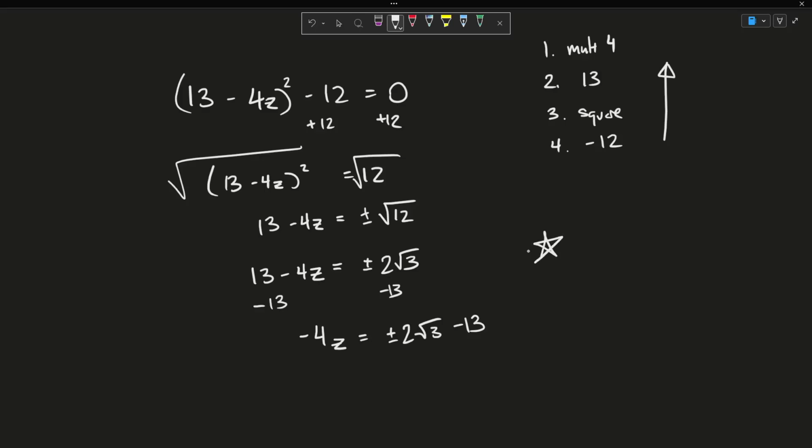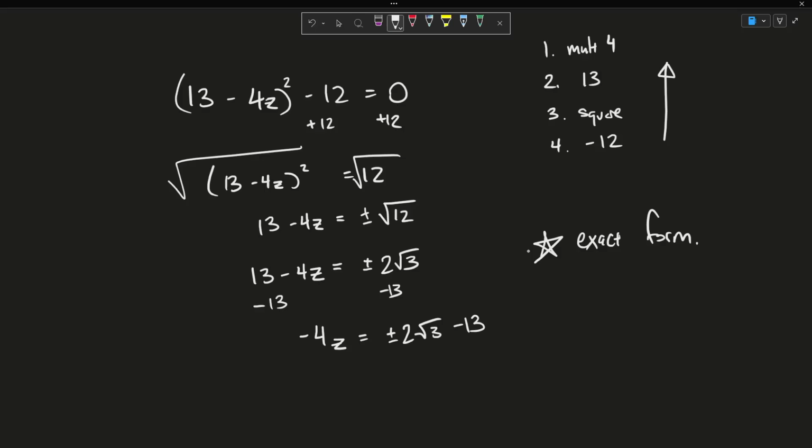Here is another rule that we care about for this course. For this question, most of the time I'll ask you for exact form. For exact form, there's no way to add or subtract 13 from 2 root 3. So I can't combine these two, so it just stays.